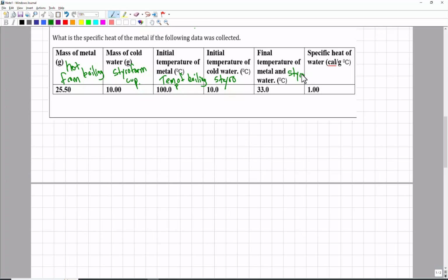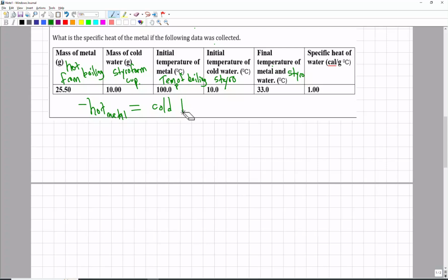So let's take a look at this. Again, we're doing the same thing of negative hot. In this case, we're going to have hot metal, because its temperature is 100. Okay? So hot metal equals cold water.